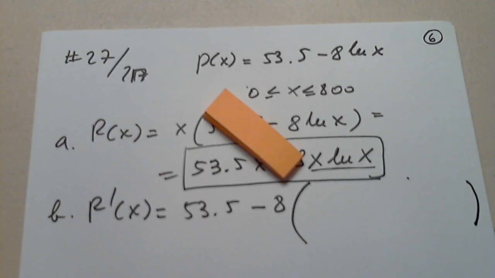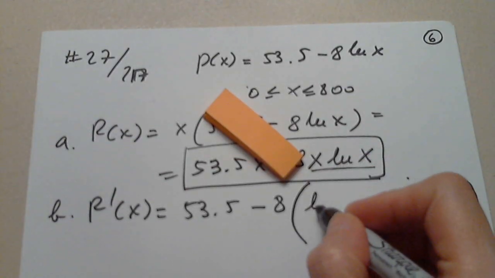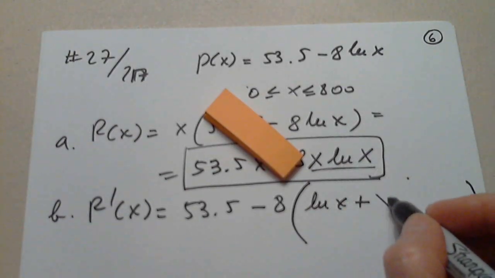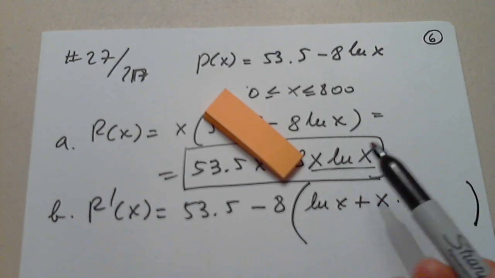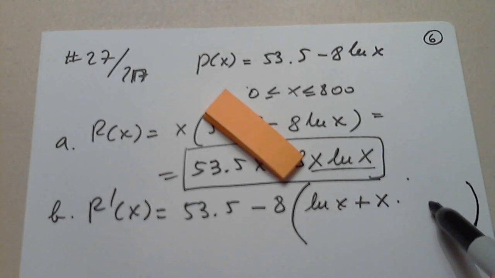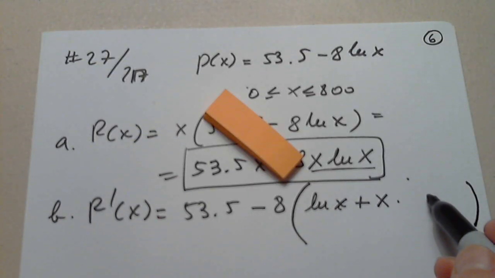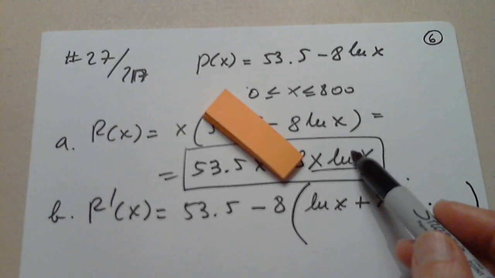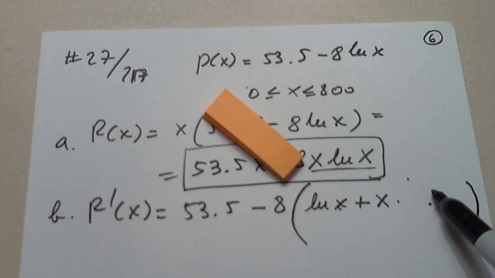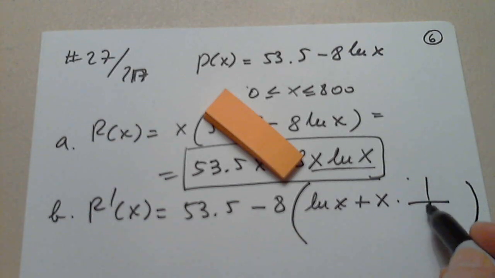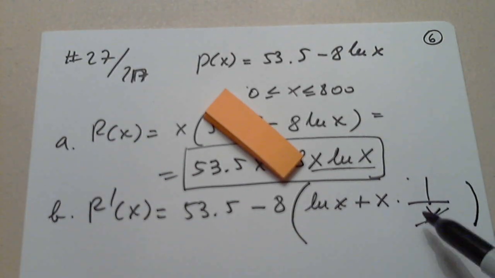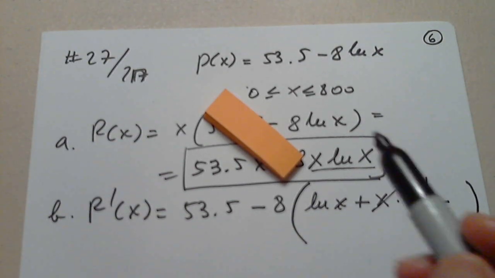Of course. First function prime is 1 plus the first function. Can anyone differentiate natural log for us? Natural log prime is 1 over x. Thank you very much. Which luckily goes away with this 1 and 1.